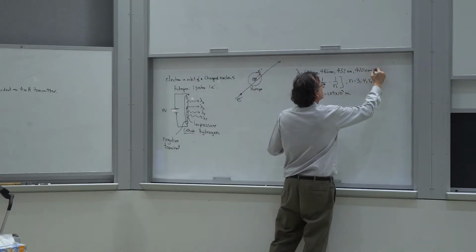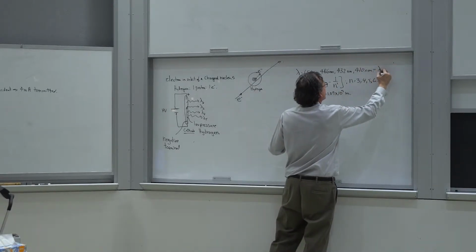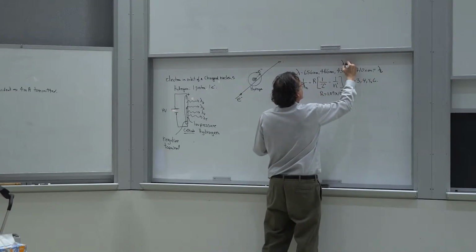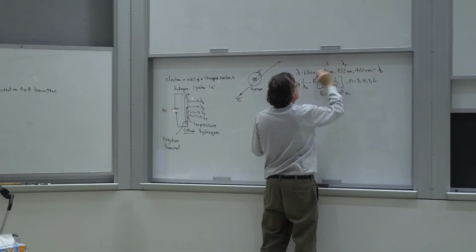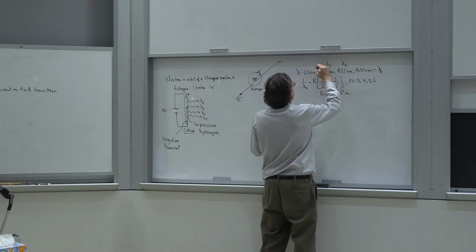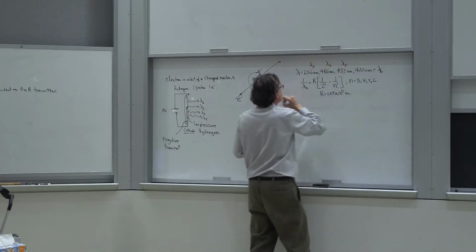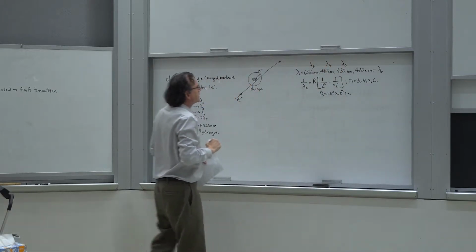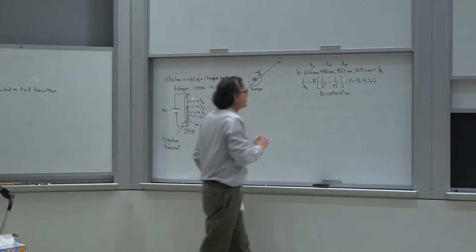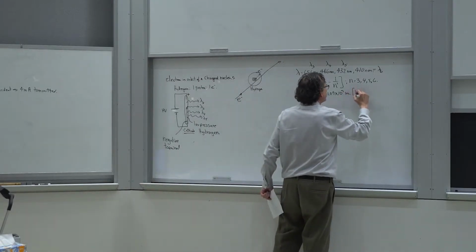So this would be lambda 6, this one would be lambda 5, this would be lambda 4, and this one would be lambda 3. Okay? So these are the 4 wavelengths that I get from this, and this was called the Rydberg formula.